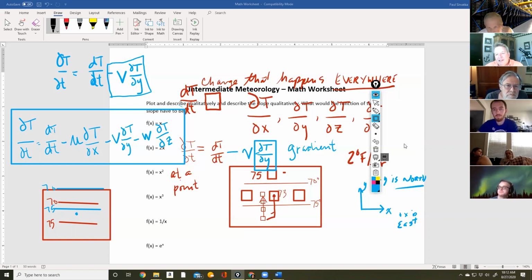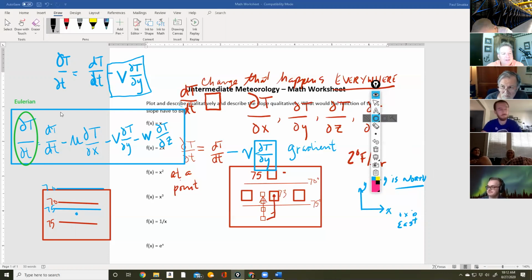Now, one last thing, just because why not, we might as well just tell it. When I deal with something like this, that word that we describe to this is called Eulerian. When I have this, the term that we would put with that is Lagrangian.